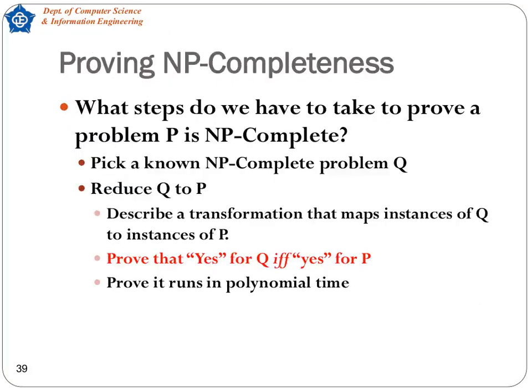Building on that definition, to prove that a problem P is NP-complete, we follow two key steps. First, we show P lies in NP, meaning any yes answer can be verified in polynomial time.